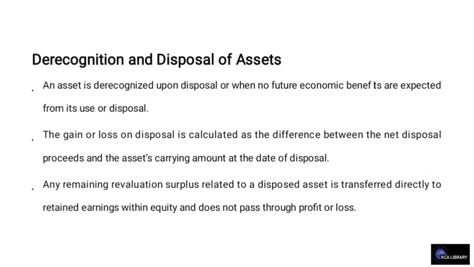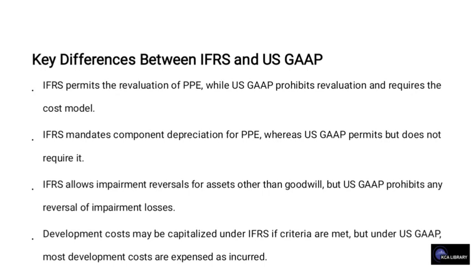The gain or loss on disposal is calculated as the difference between the net disposal proceeds and the asset's carrying amount at the date of disposal. Any remaining revaluation surplus related to a disposed asset is transferred directly to retained earnings within equity and does not pass through profit or loss.